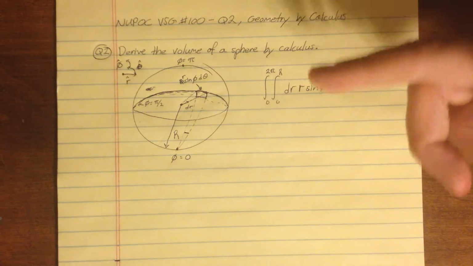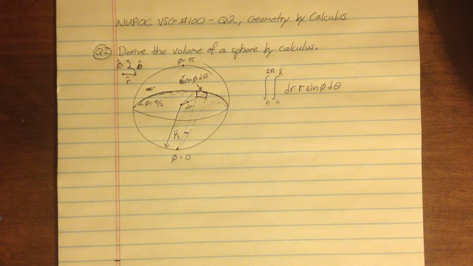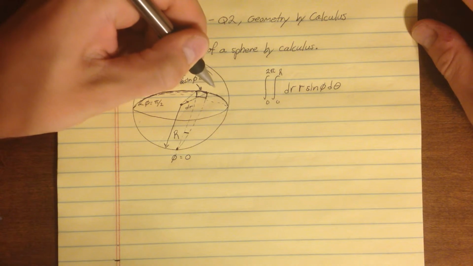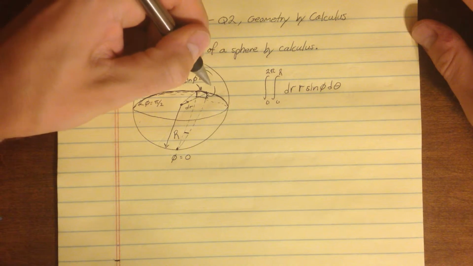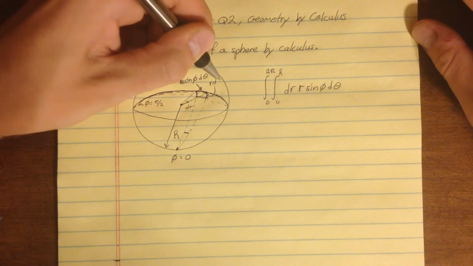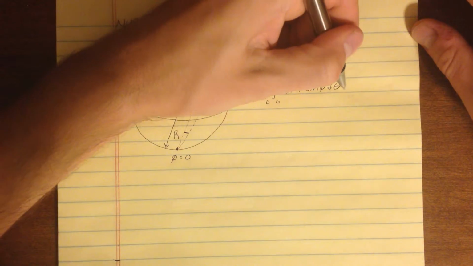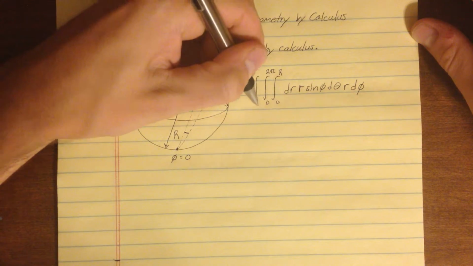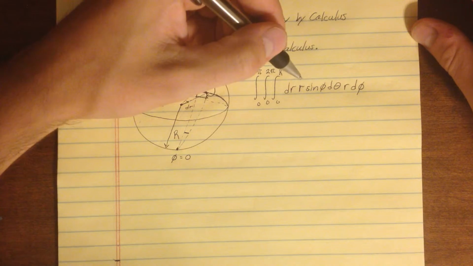So we're rotating it pi radians, and that will cover the entire volume of the sphere. That means we're going to integrate over this little differential distance, r d phi. So that's another factor of r and a d phi, and we're going to be integrating from 0 to pi.